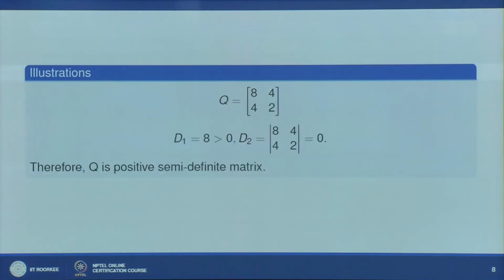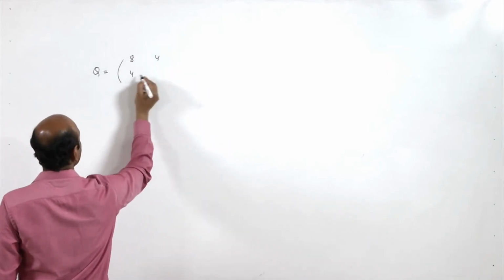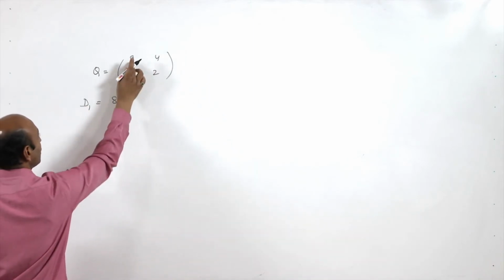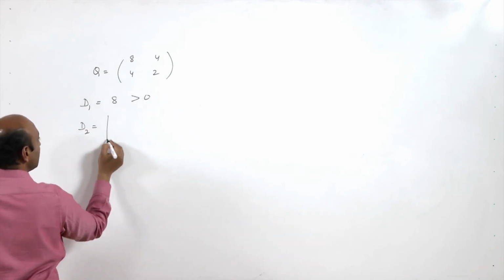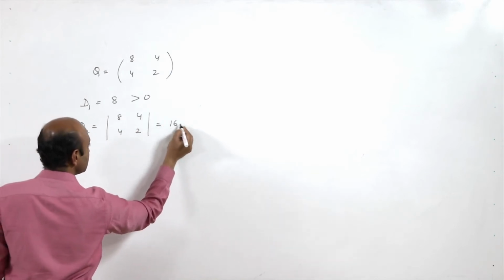Now, let us see some examples based on this to check the definiteness of a matrix A. Suppose Q is a matrix given by 8 4 4 2. So, what will be D1 here? D1 is 8, 1 cross 1, which is strictly greater than 0. What is D2? D2 is the determinant of 8 4 4 2, which is 16 minus 16, which is 0.